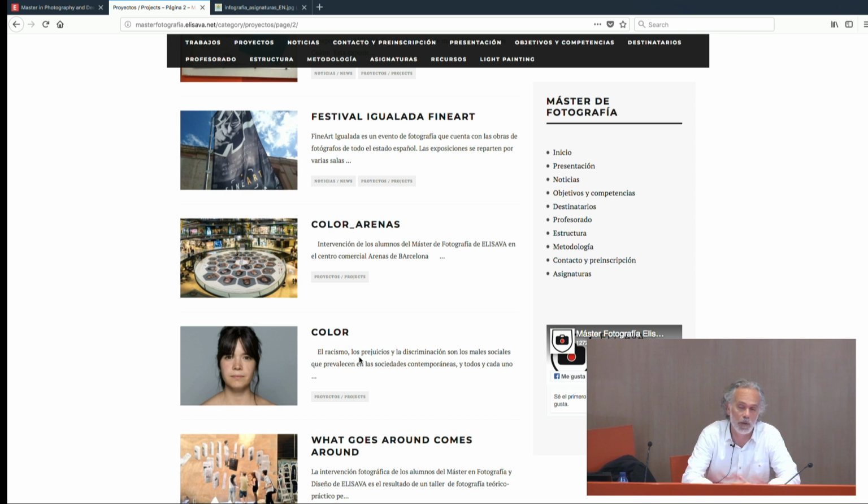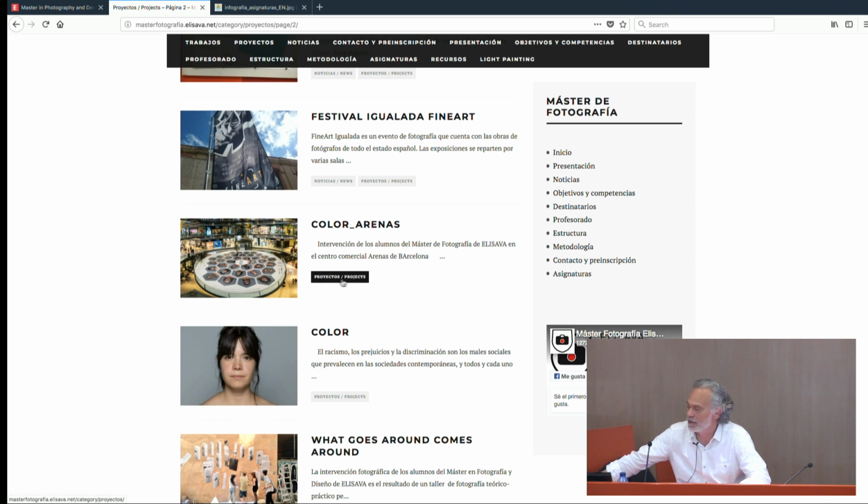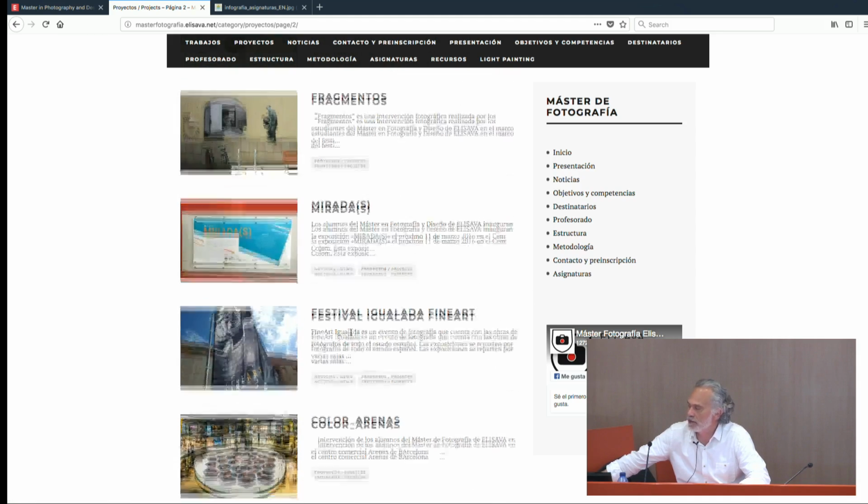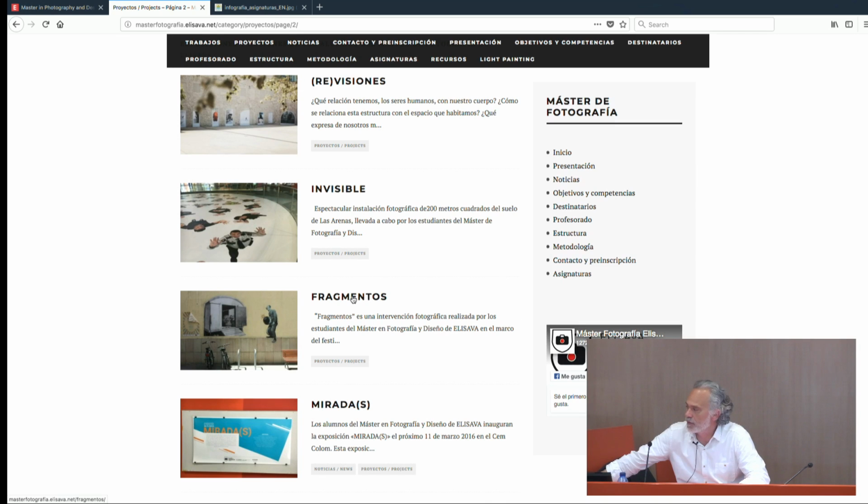So we also go with the students from this year to sell photographs. Then in 3 weeks' time, there is a festival in Barcelona called Revelate, which is a photography festival about analog photography. And we also participate. We participate in almost every photography festival that happens in Barcelona.